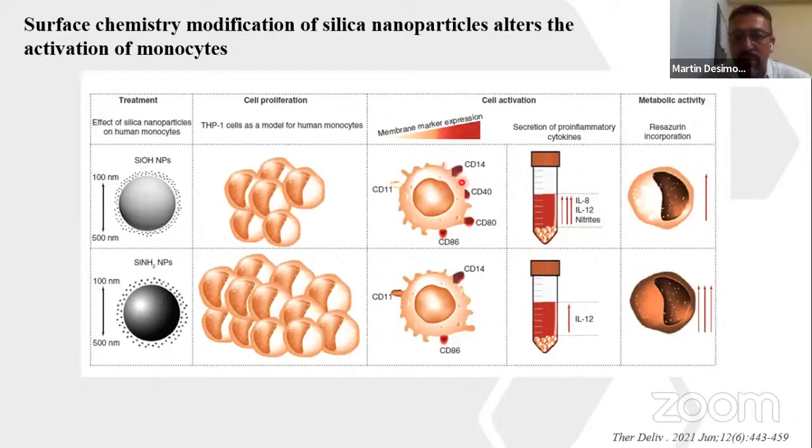The presence of different cellular markers is also increased, and the cell membrane is damaged. While when we use amine grafted silica nanoparticles, these particles with a positive zeta potential, the proliferation of the cell was not affected, and the activation of the cell was significantly lower.